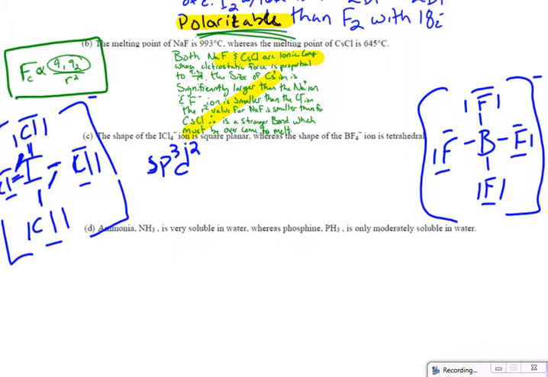SP3, D2, its electron geometry is octahedral, but with 2 lone pairs, they're going to want to space out as much as possible, so they'll be on the top and the bottom, or the left and the right. But no matter how you slice it, this is going to be square planar.